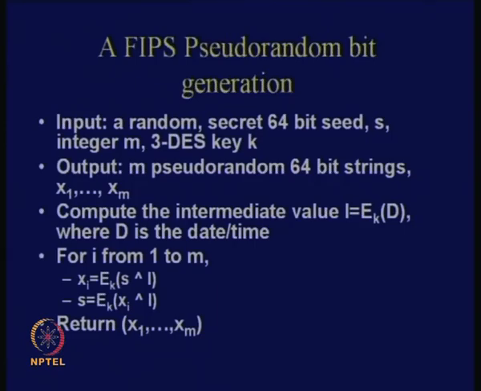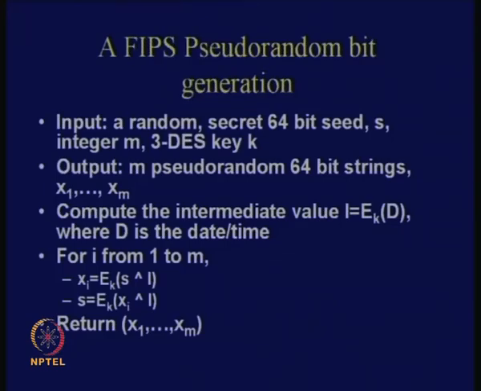This is a very old example of how pseudorandom bit generation worked, and what they used in the underlying algorithm is the 3DES algorithm. You know what a 3DES algorithm is? It's encryption, decryption, encryption, right? So you can use this algorithm in order to generate pseudorandom bit sequences.